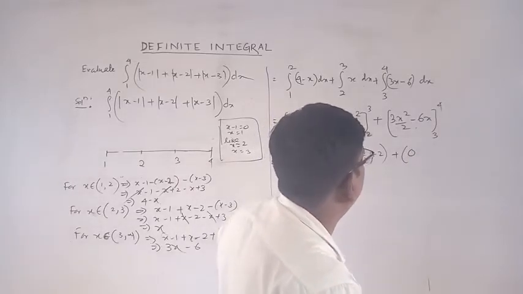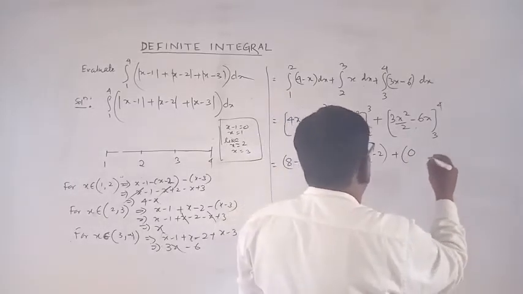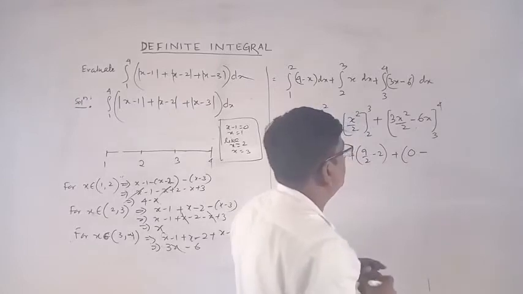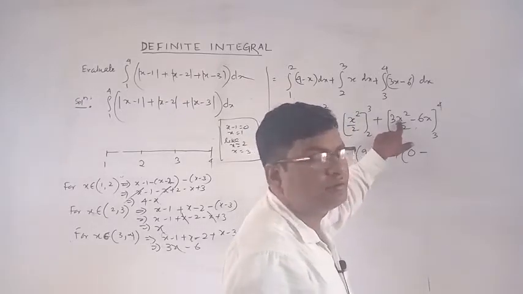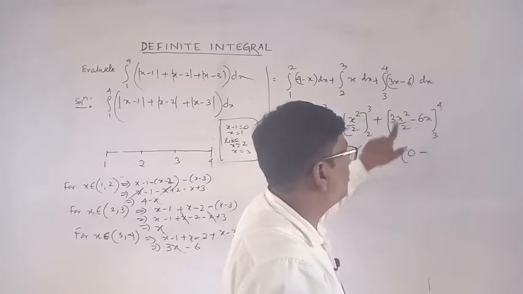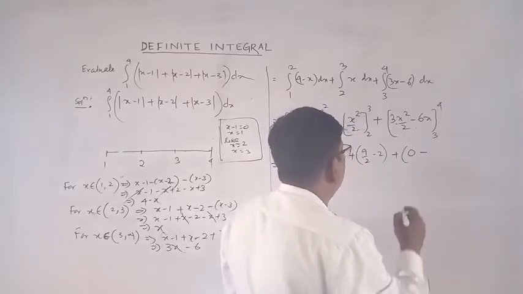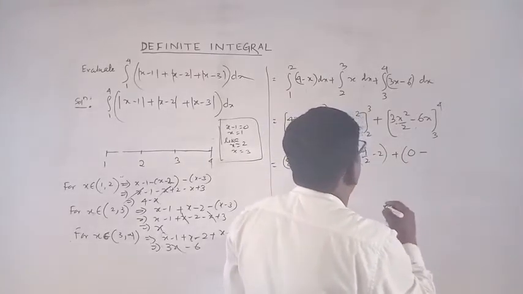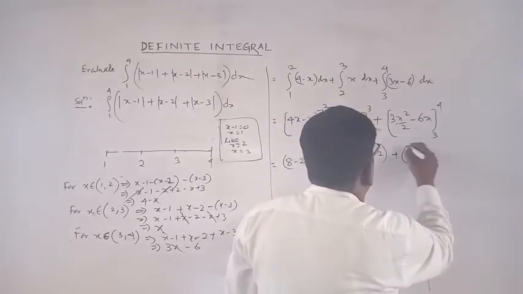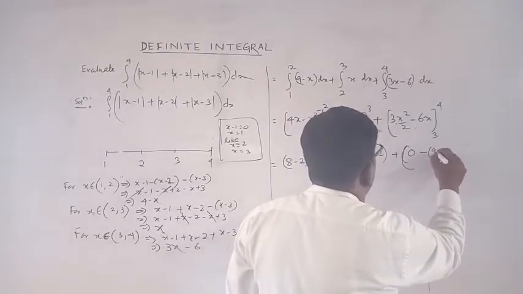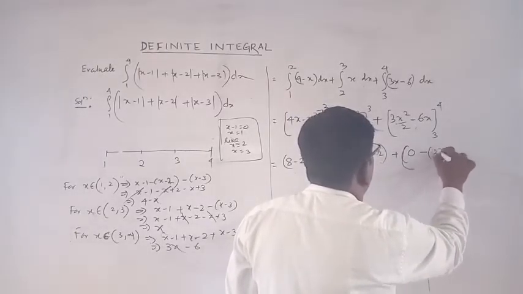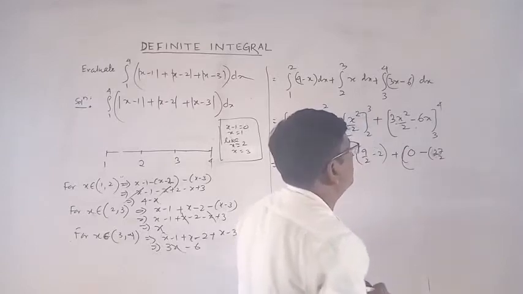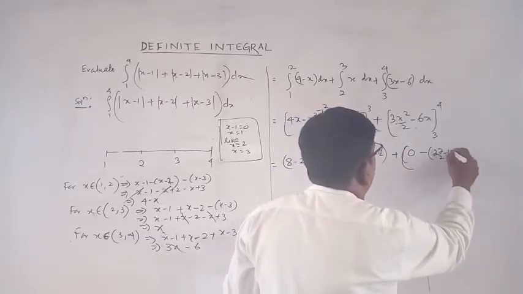And put the lower limit, 3²: 9 into 3 is 27 by 2, 27 by 2 minus 18.